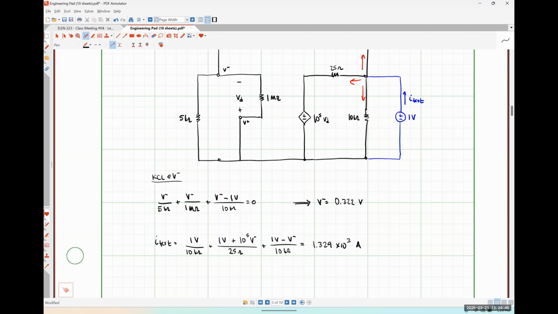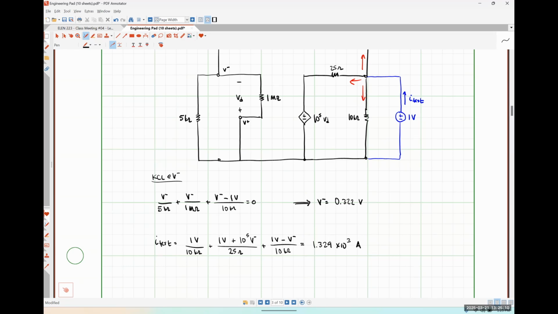I want to be really, really clear here. If we apply the 1 volt source to the output terminals of a real op amp and we shorted out the inputs, we would definitely not see 1,000 amps flowing through the circuit. It would quite literally explode. This is just an analysis exercise to figure out what's going on.